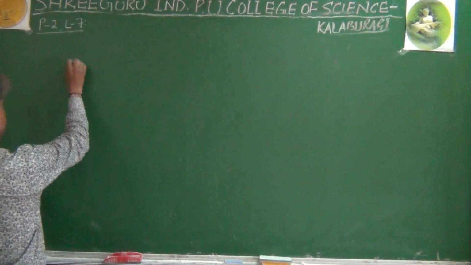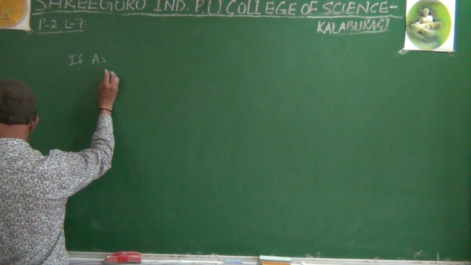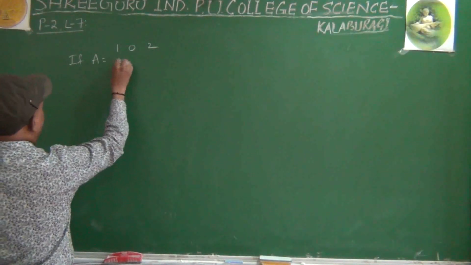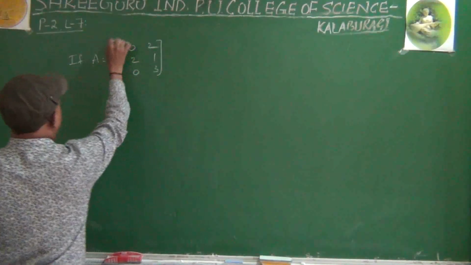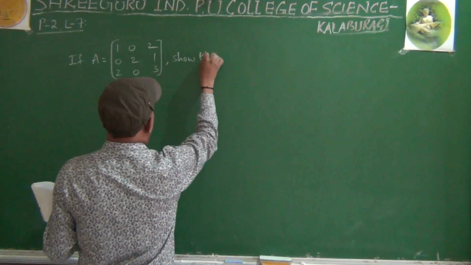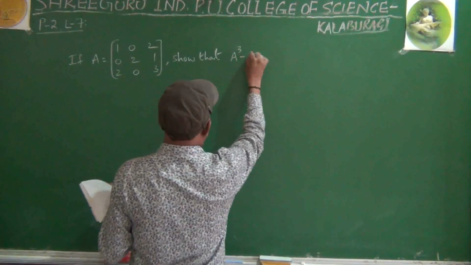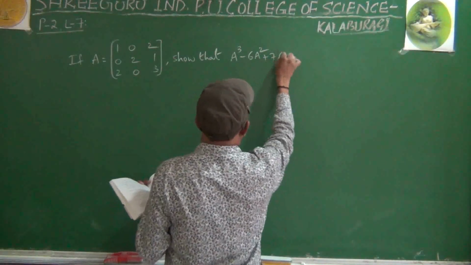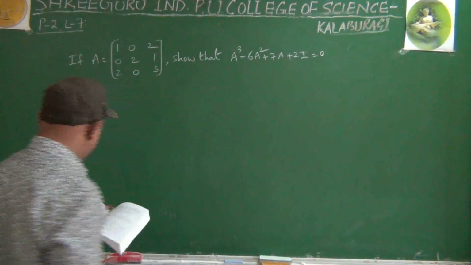If A equals 1 0 2, 0 2 1, 2 0 3, show that A cube minus 6A square plus 7A plus 2I equals 0.